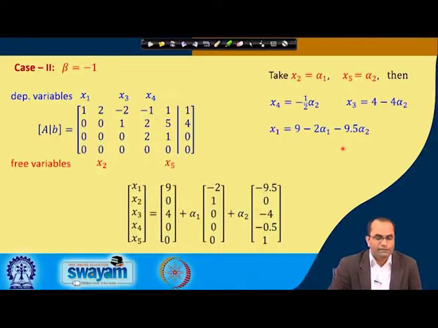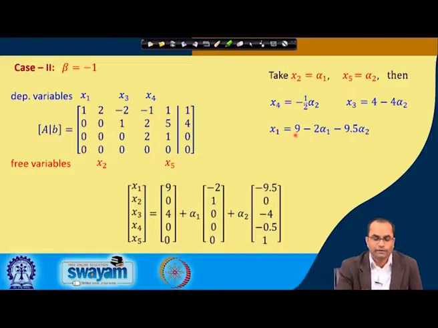In the vector form we can place them. So, x1, x2, x3, x4, the constant from each. From x1 we have this 9 as constant, from x2 it was alpha 1 only, so there is nothing constant. From x3 we have 4 as constant, and from x4 there is nothing exactly, and from x5 also we do not have anything to take as a constant, and then this alpha 1 and then the rest from x1.